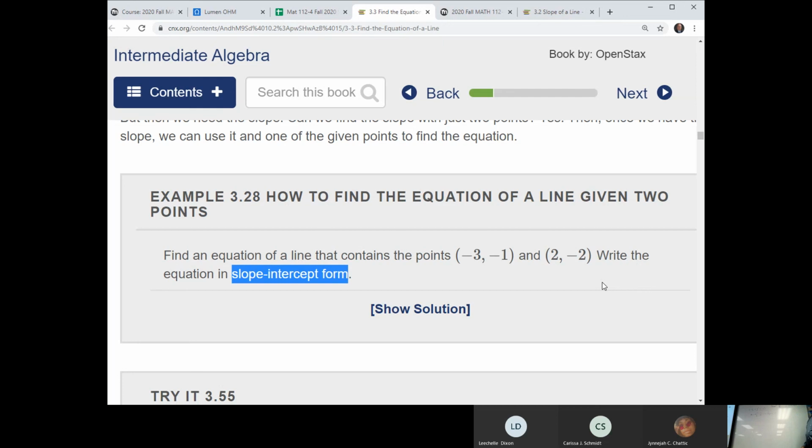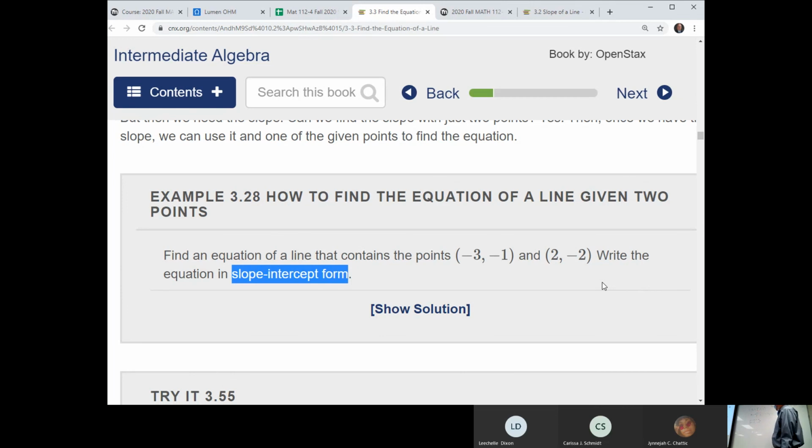How do I get the y-intercept? I've got to plug that in. I know that y equals -x plus some value of b I haven't figured out yet. So I have to plug in at either point. When x is 2, y is -2, so -2 equals -1 times 2 plus b.